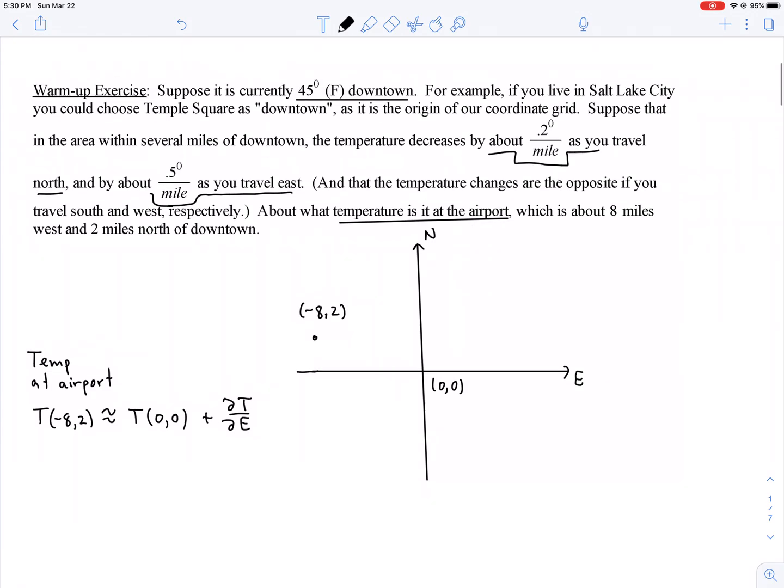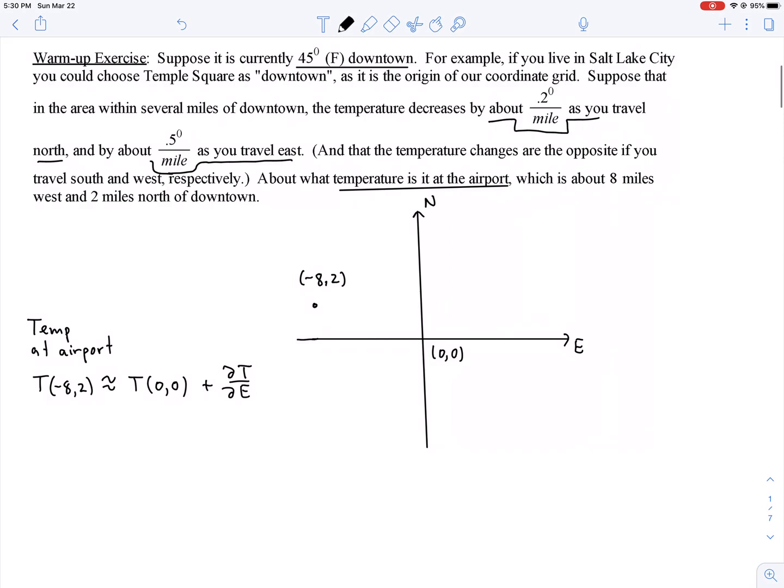And we're assuming that rate of change of temperature is pretty much constant within 10 miles. So I'll just put in the value at the origin. Okay, and let me fill in numbers at the same time. So T of (0, 0), that's the temperature downtown, that's 45 degrees.